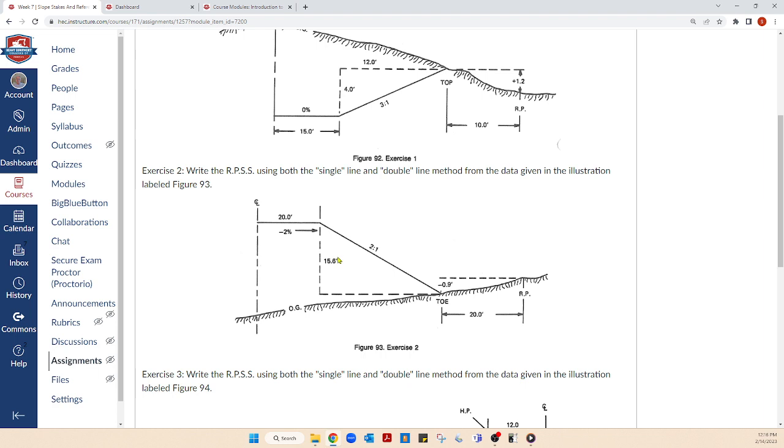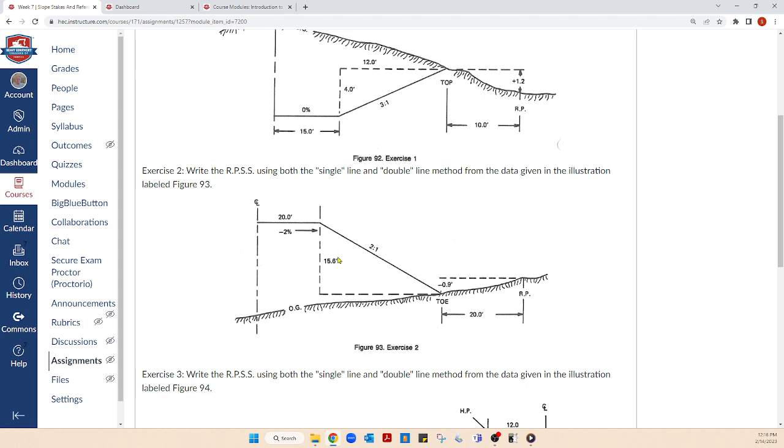I can fill 31.2, 15.6, 0.6 plus 0.4 equals. I can say fill.